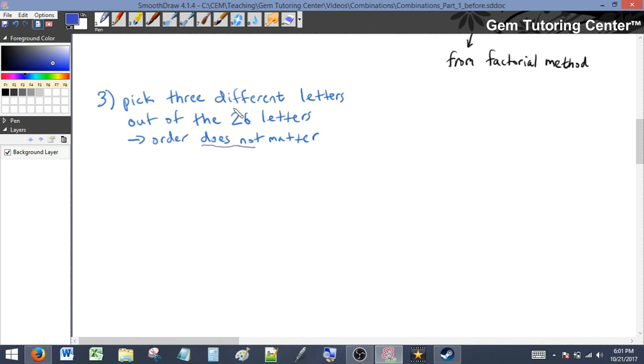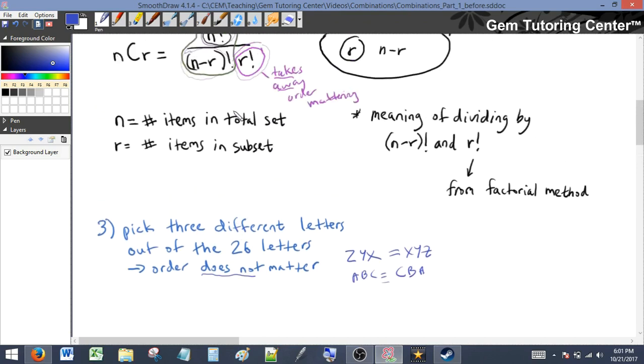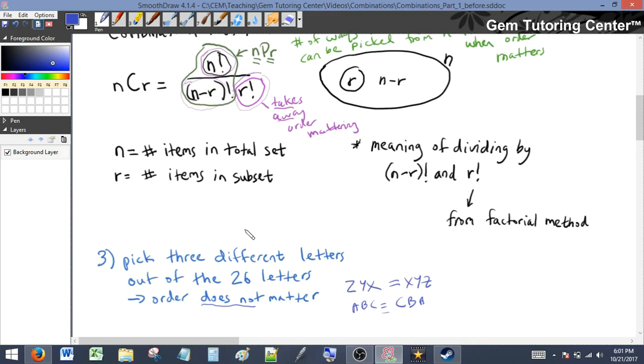If we pick something like ZYX, it's the same thing as XYZ. If we pick ABC, it's the same thing as CBA. In the permutations video these were not the same, but in the combinations video, they are the same. So knowing that, we're going to use the combination notation to solve this problem.